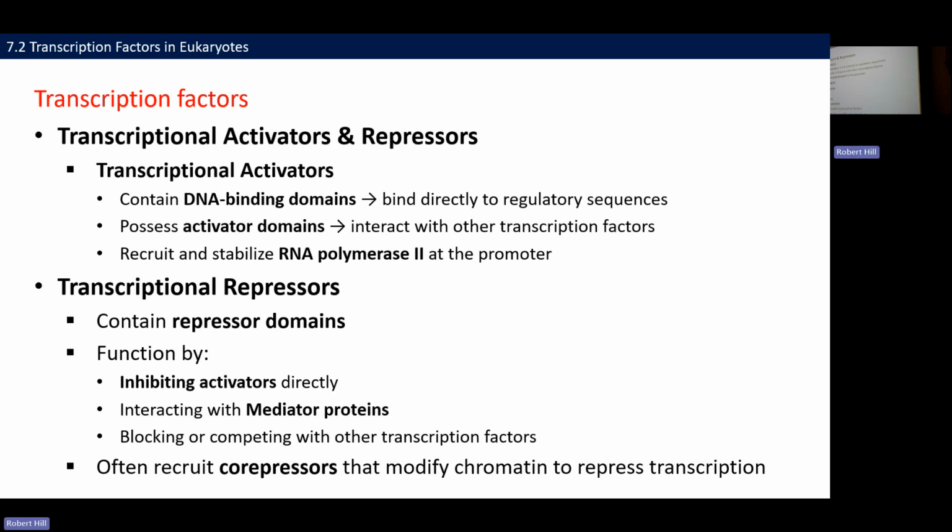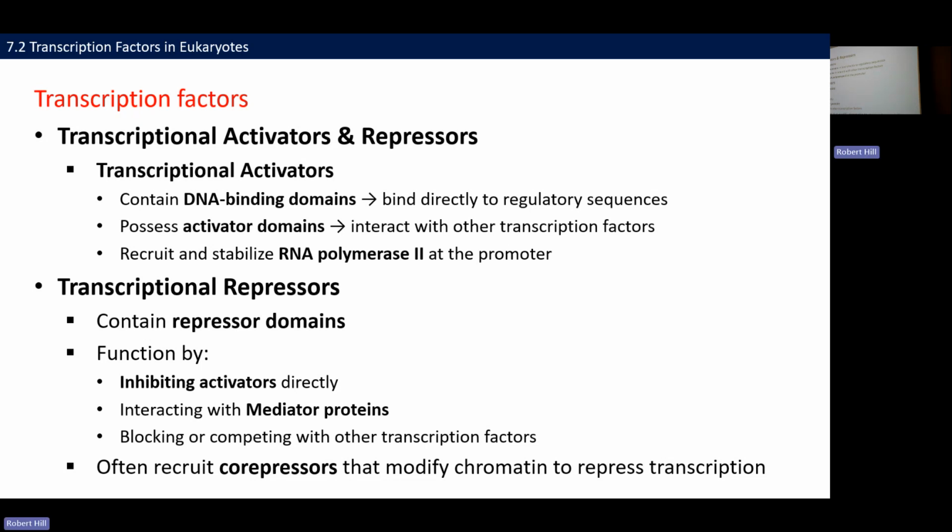Then they have an activator domain as well, something that binds to mediator protein or binds to RNA polymerase or binds to other transcription factors. But ultimately, these transcriptional activators promote the binding of RNA polymerase II to the promoter.